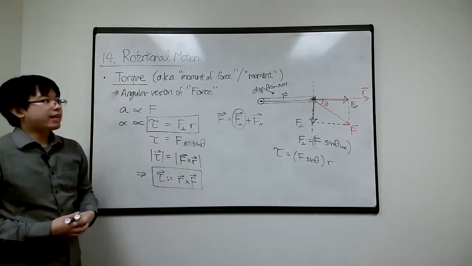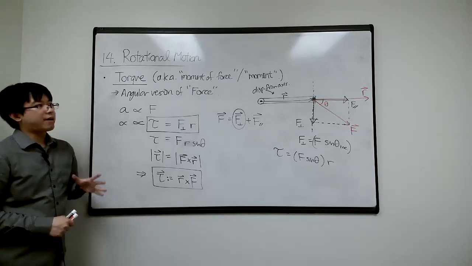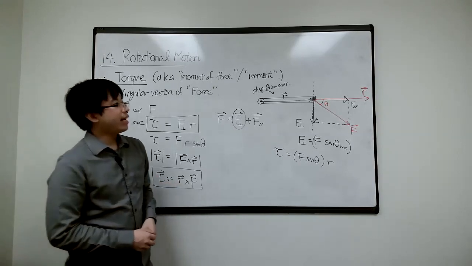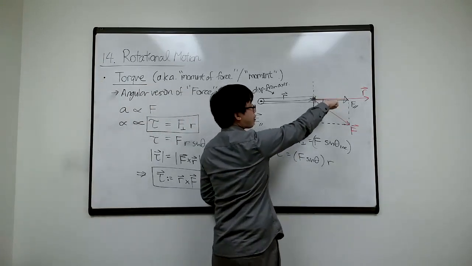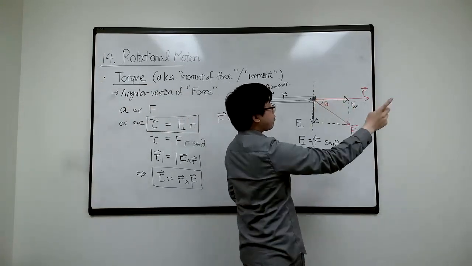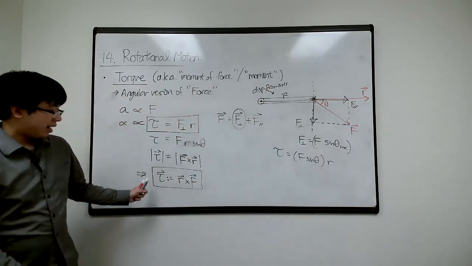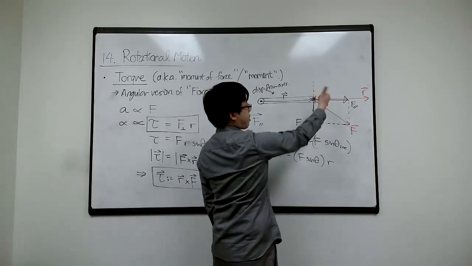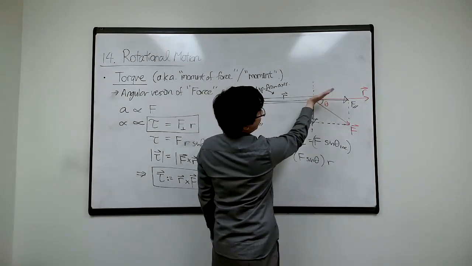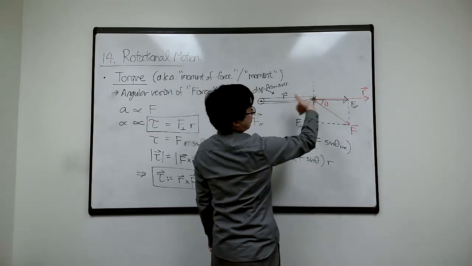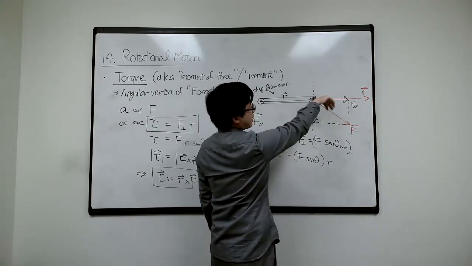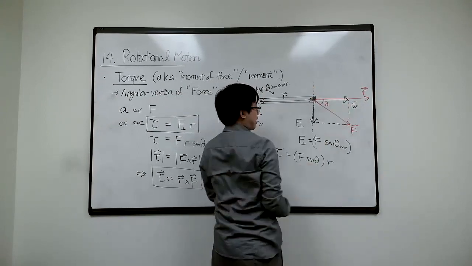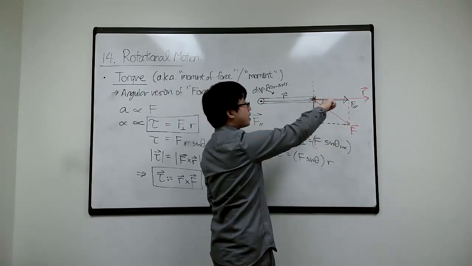Use your right hand rule and tell me, is it into the board or out of the board when you do R cross F? It's into the board, right? So R cross F, we need the resultant vector to be either out or in, right? So when you point your thumb outwards, you can barely wrap your way, you need to wrap it the long way around from R to F. But if you point the thumb inwards, it's just this to this, all right? So it's easier. So it's inwards.